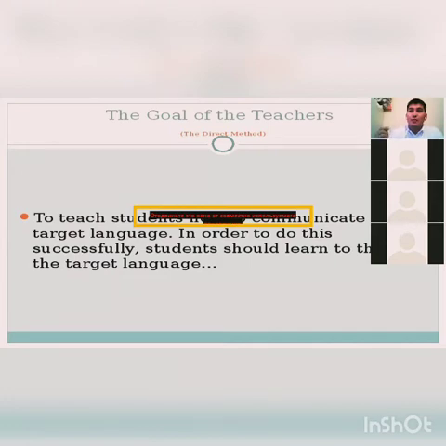We are going to translate what they said, and then translate what we are going to say, and then give an answer. That was very difficult. And in direct method, we are going to teach students how to think in that language in order to make it easy to communicate naturally.